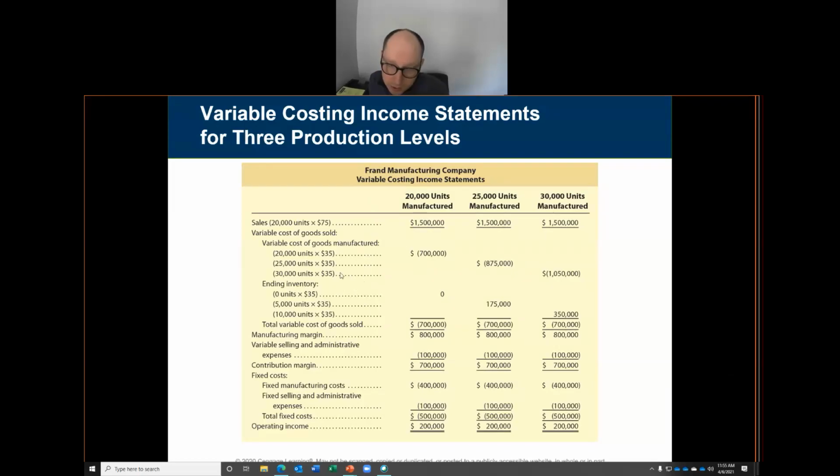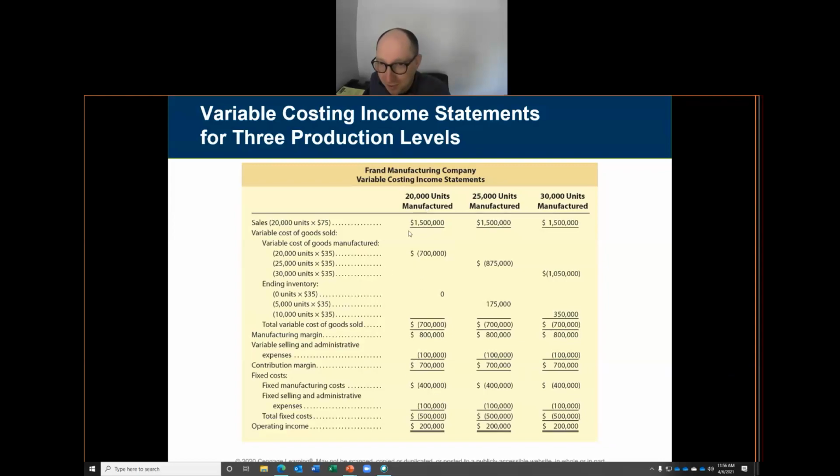Ending inventory, still $35 per unit. Therefore, your variable cost of goods sold is the same. Your manufacturing margin, the same. Variable selling and administrative expenses, the same. Contribution margin, doesn't make a difference.